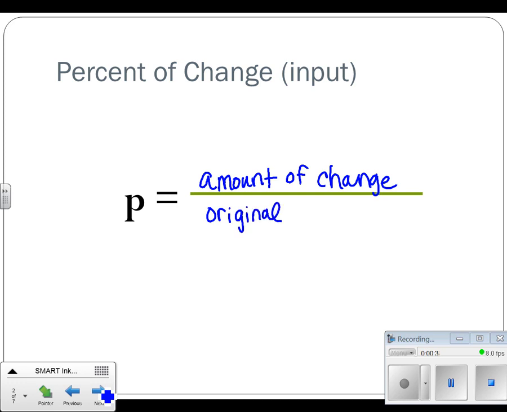This is the formula you will be using in figuring out a percent of change. When we are changing something, we can have a change that's increasing, or a change that is decreasing. So you can have a percent of increase or a percent of decrease.